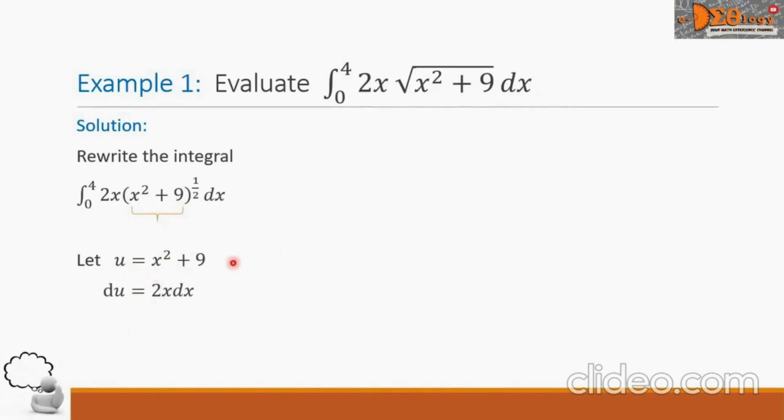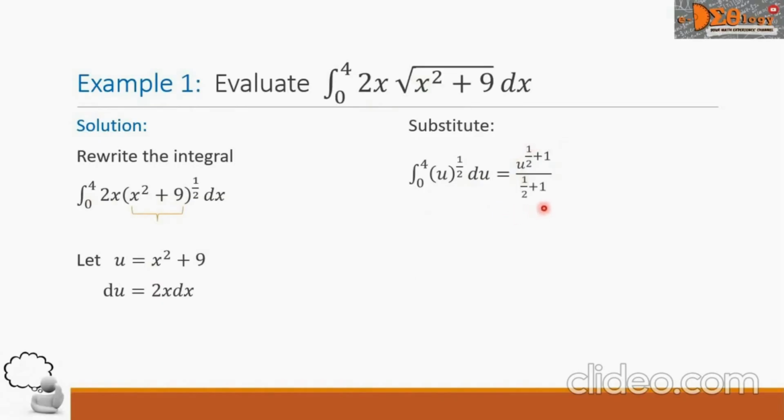Let us now substitute these values into our integral. So we have this x squared plus 9 as u. Now we put the exponent 1/2. And this 2x dx is equal to du. Now let us evaluate the integral. Using the power rule, u raised to 1/2 becomes u raised to 1/2 plus 1 all over 1/2 plus 1.